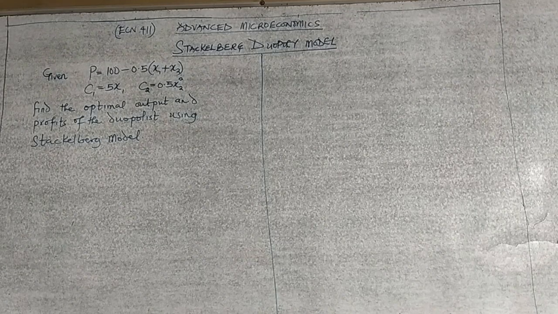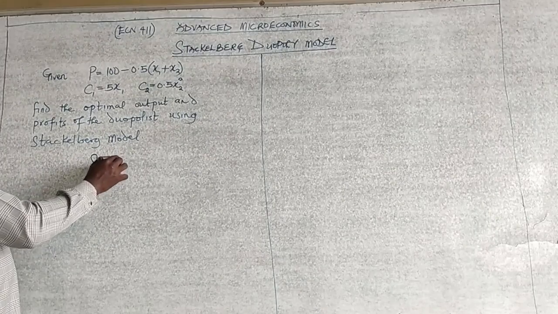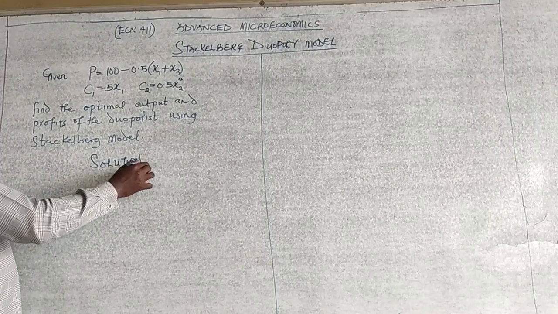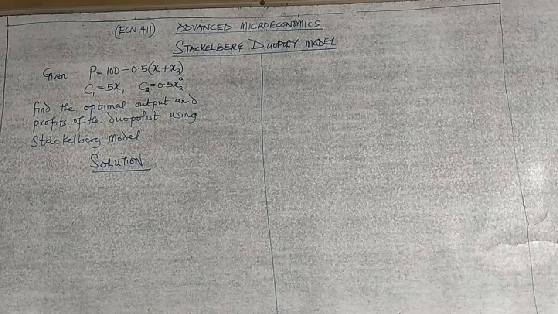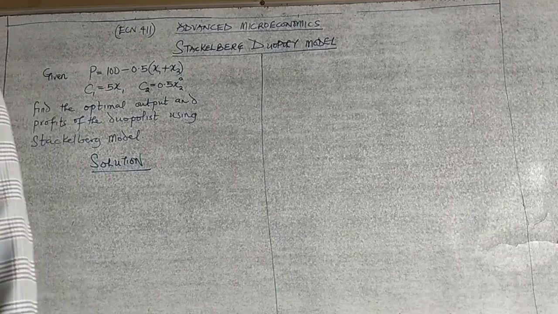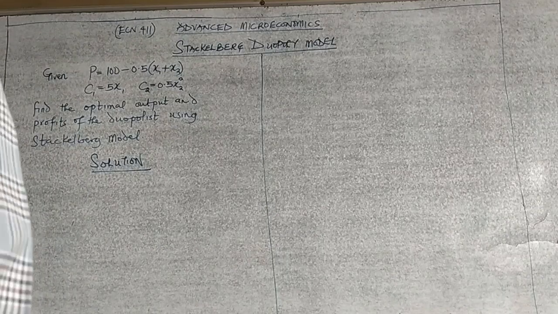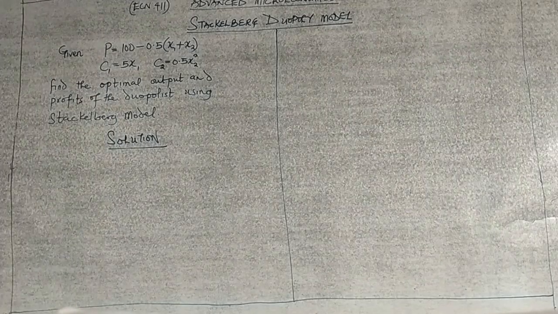Follow, please. So, solution. The first thing you will do is to get the profit function of each duopolist. When you say duopolist, what that means is that there are two sellers, it's only Sholafumi and Beni selling that product. So Sholafumi is duopolist 1, Beni is duopolist 2.